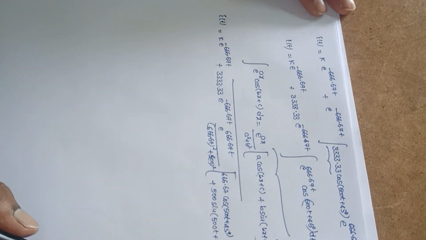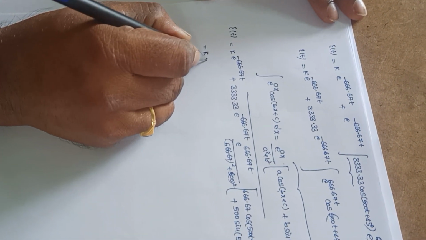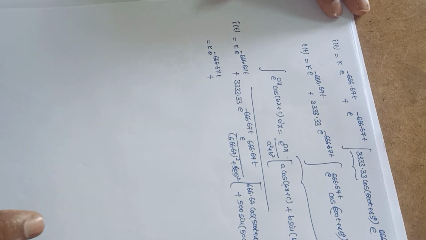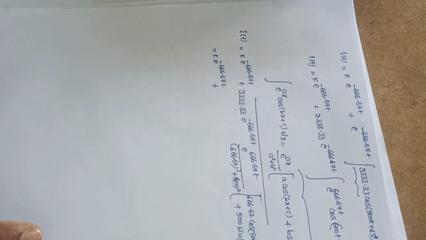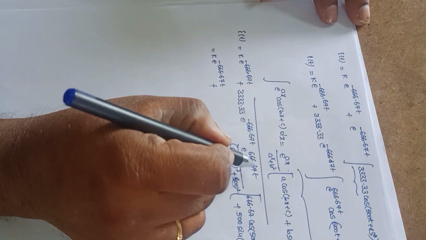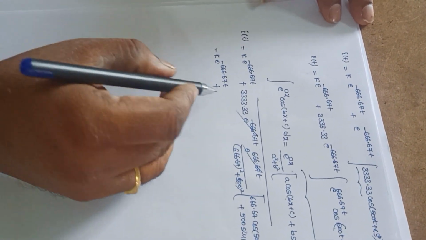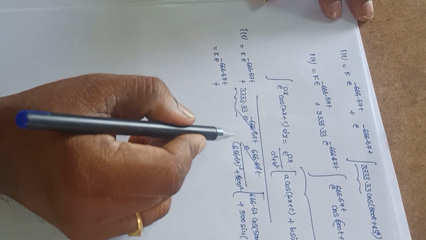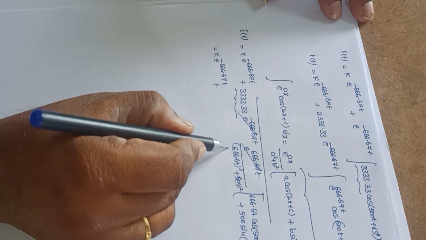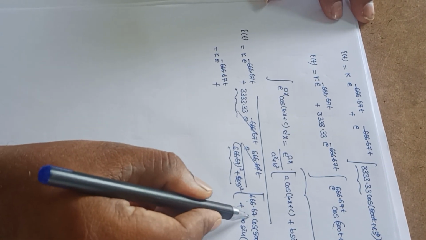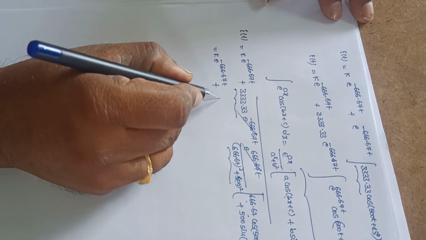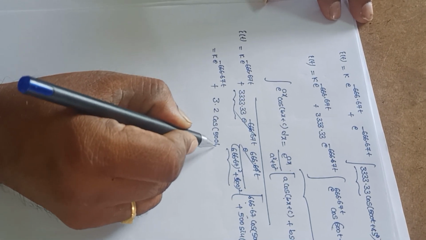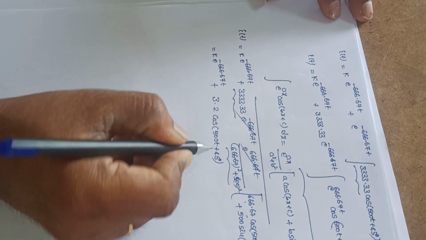Now it is equal to k into e power minus 666.67t plus, here this one will get cancelled. If I calculate this 3300 divided by this value into this 666.67, then I will get 3.2 into cos of 500t plus 45 degrees.